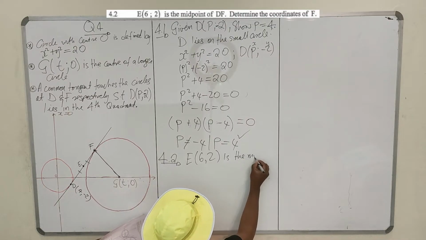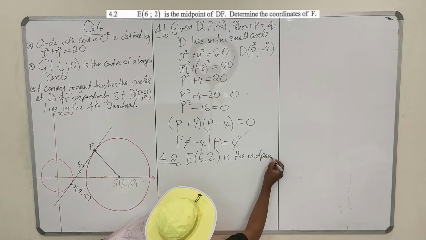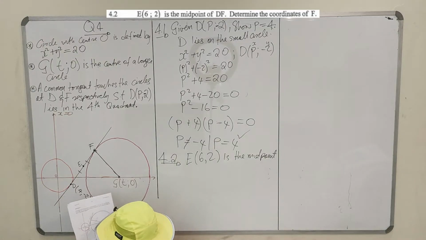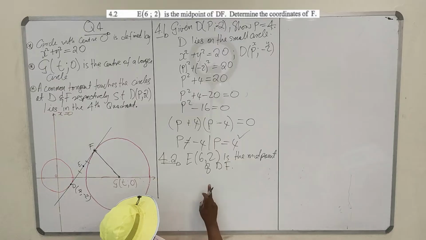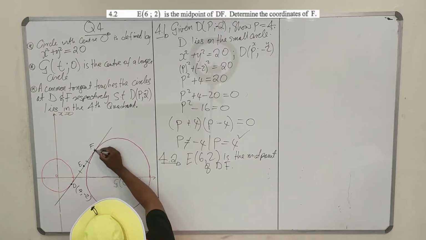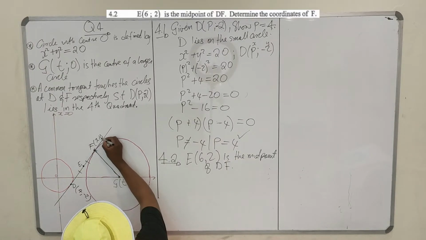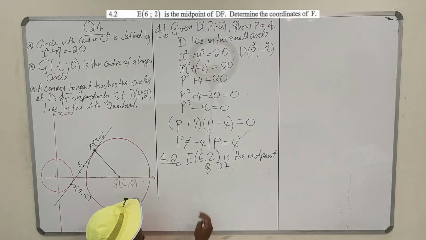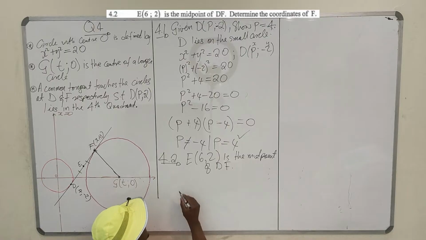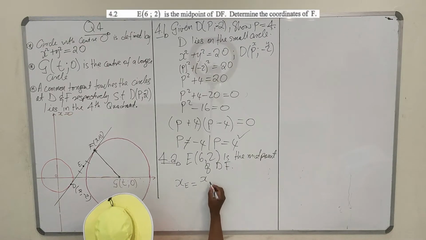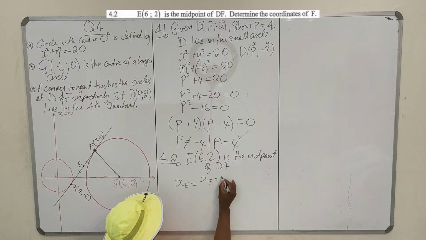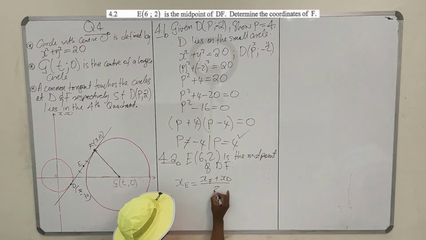So midpoint of DF. They want you to find the coordinates of F, the coordinates of here. So you know the formula for the midpoint. We say the x-coordinate of E, which is the midpoint, is equal to the x-coordinate of F plus the x-coordinate of D, all over 2.